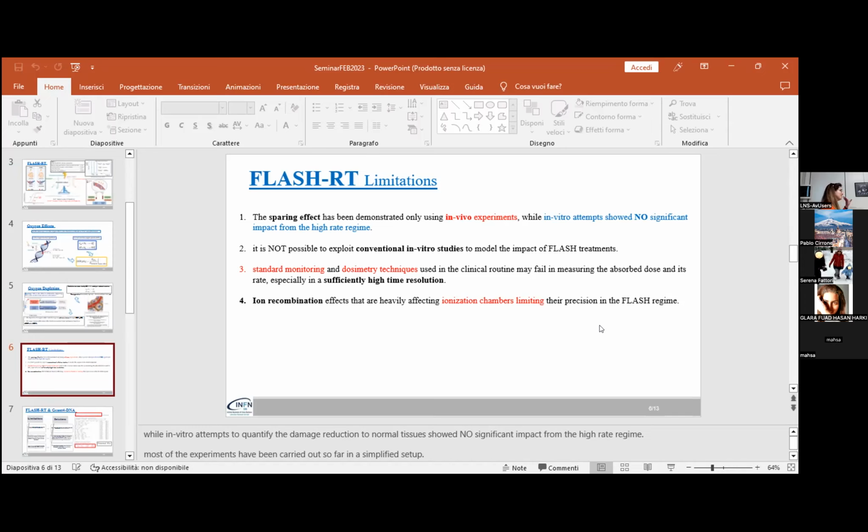Maybe it's necessary to study more. Yes, sure, because I think the point is that you produce a lot of free radicals, and then in other tracks there are other free radicals that can interact in time. Yes, and ion recombination is very important in this.